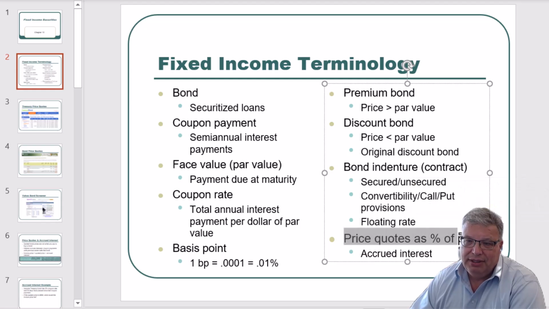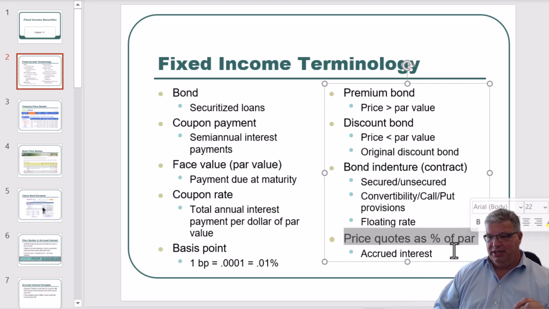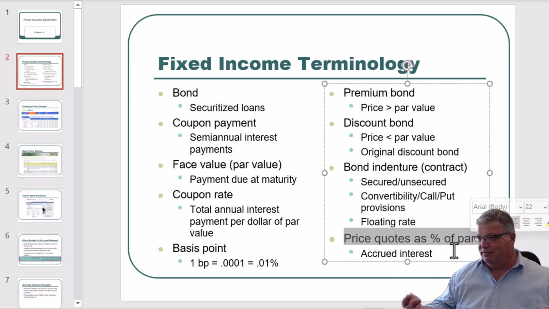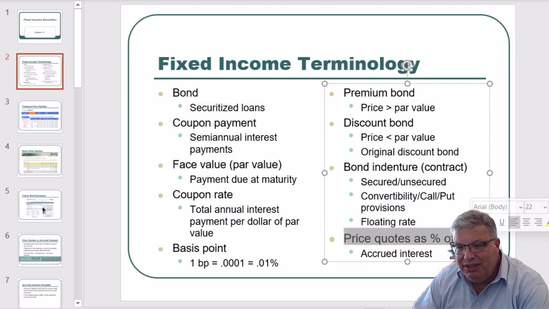The other thing on bonds is that the way prices are quoted is kind of unique. It's not like the stock market world, right? In the stock market world, if Nvidia is trading for $940 per share, you look up a stock quote, you call a stockbroker, you talk to your financial advisor, they'll tell you $940 per share. Bonds are a little bit different. Bonds are quoted as a percentage of par value.